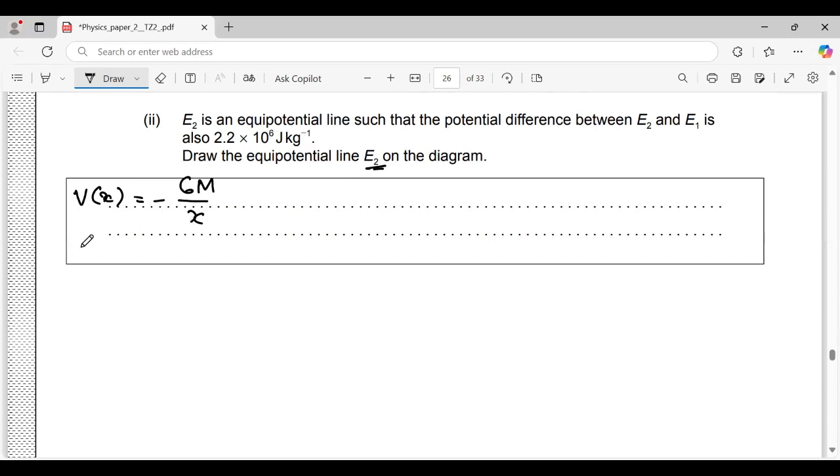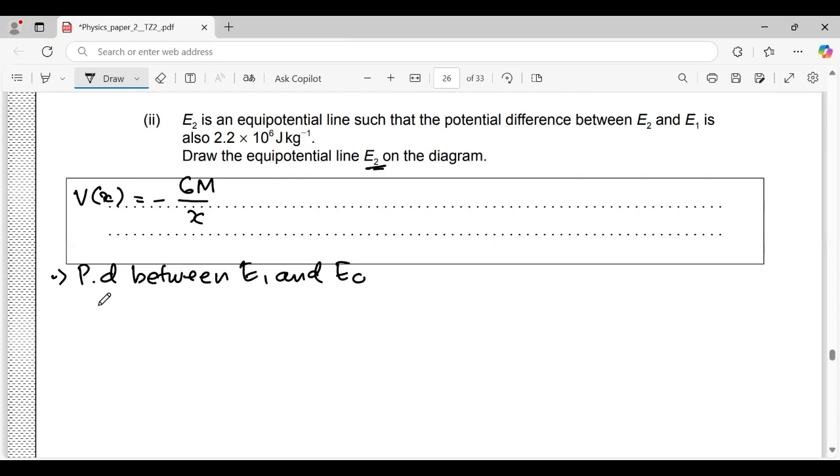So I will explain first how we determine the potential difference. We are going to determine first the potential difference between E1 and E0. After that, the potential difference between E2 and E1.